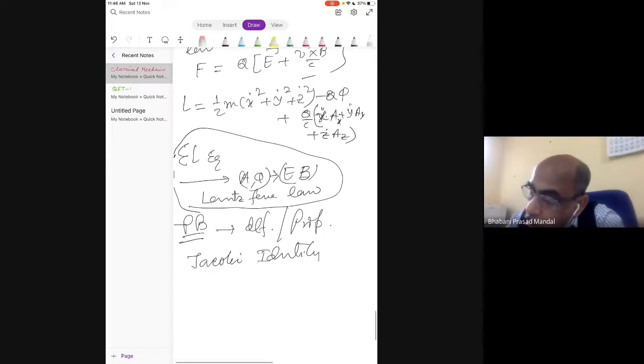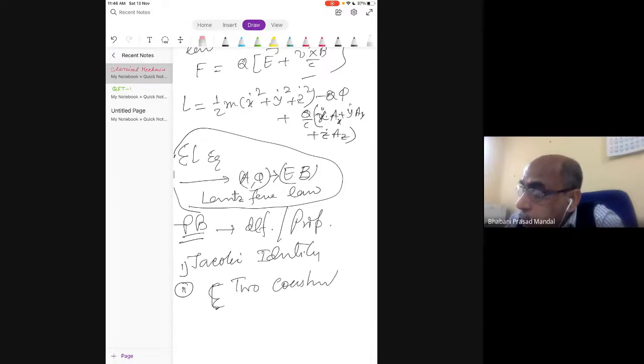And the second property is that if there are two constants of motion, and this is also a problem I asked in the exam or problem sheet, then their Poisson bracket also will be a constant.